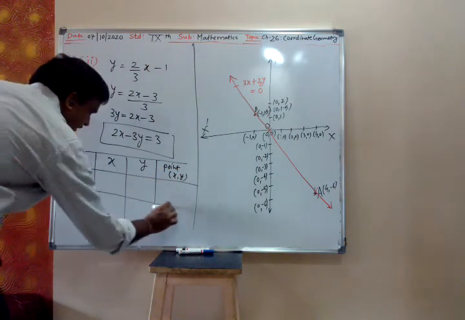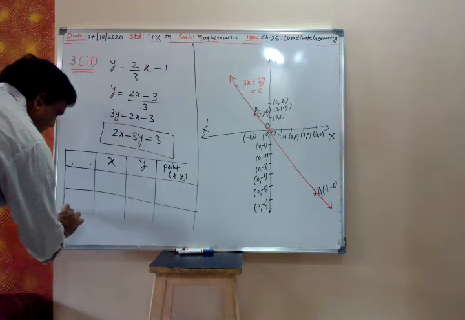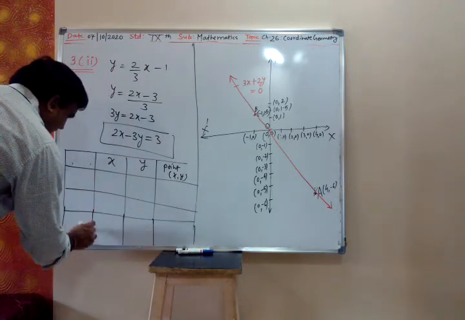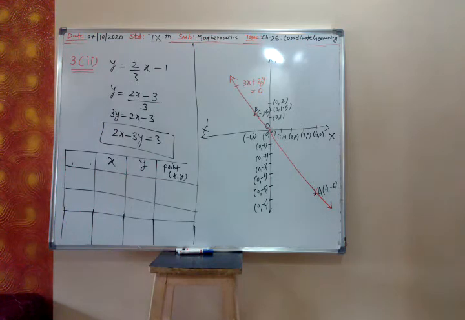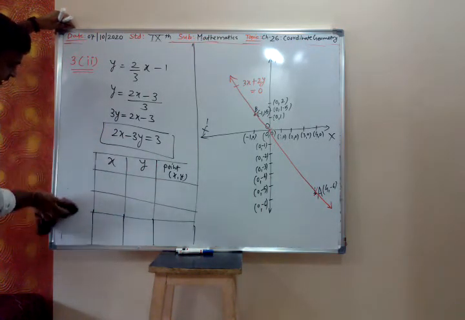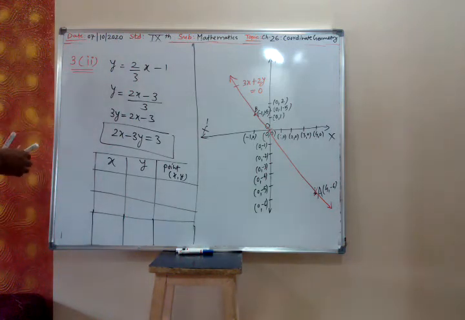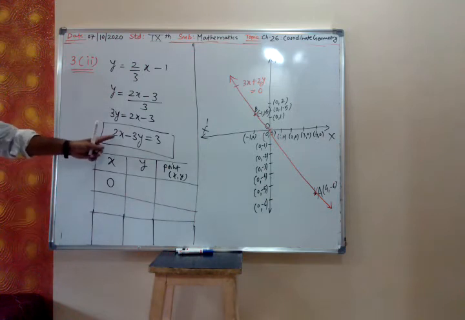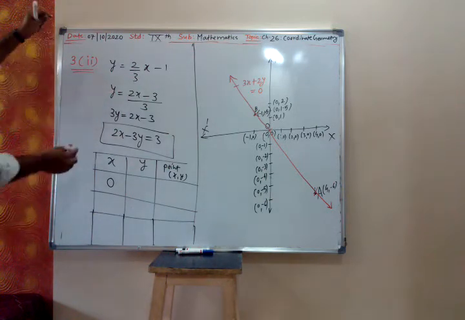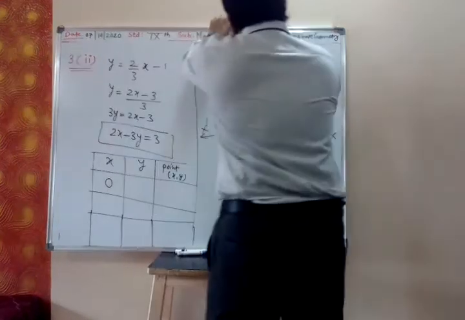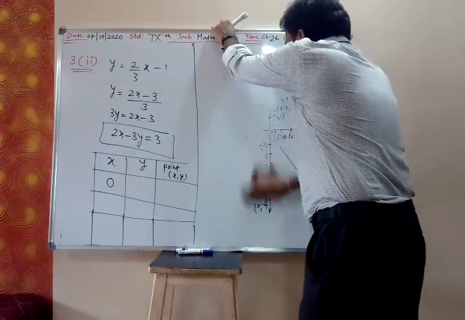So now let us take 3 values of x. For 3 values of x, get 3 values of y. No need of the first box. First you take the value of x as 0.